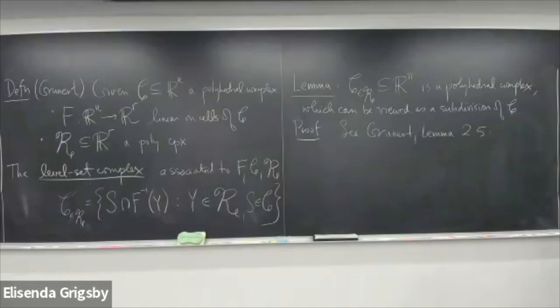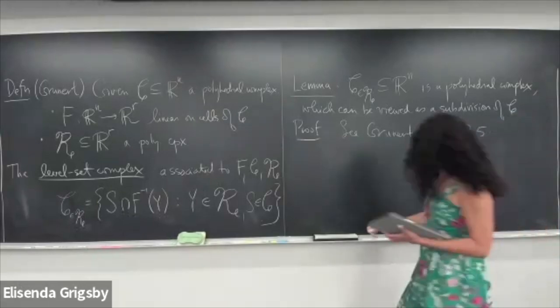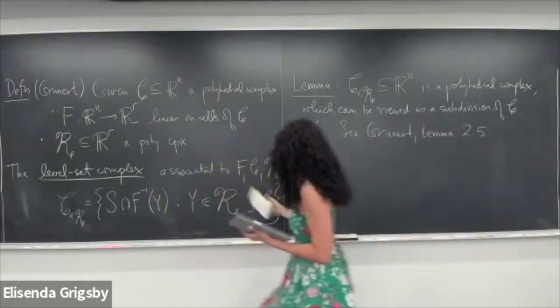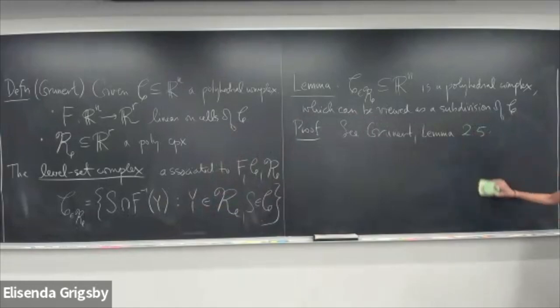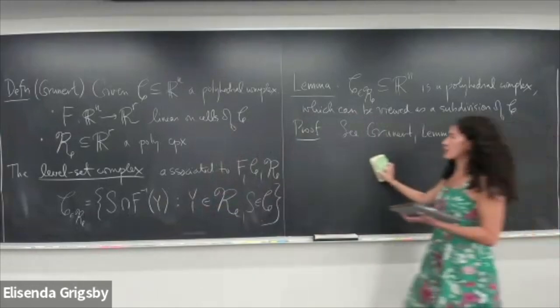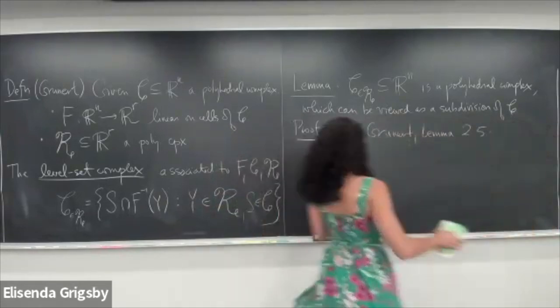So let me give you an example. Because again, this sounds very formal, but we actually kind of already have examples in mind. I mean, it is quite formal, but we have examples in mind.